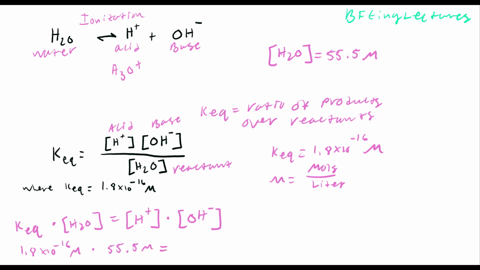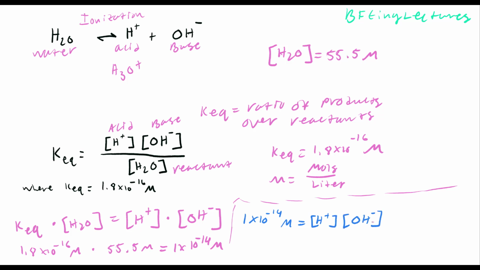If we multiply it, we get a product of 1 times 10 to the negative 14 M. So that must mean that 1 times 10 to the negative 14 M is equal to the acid and the base.